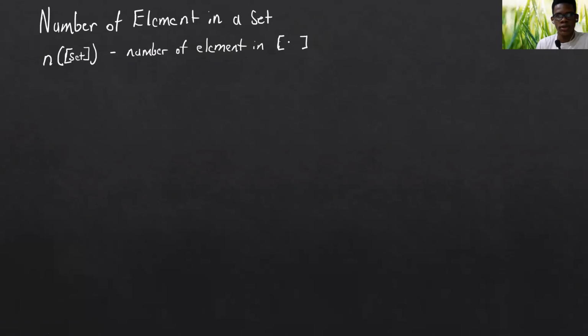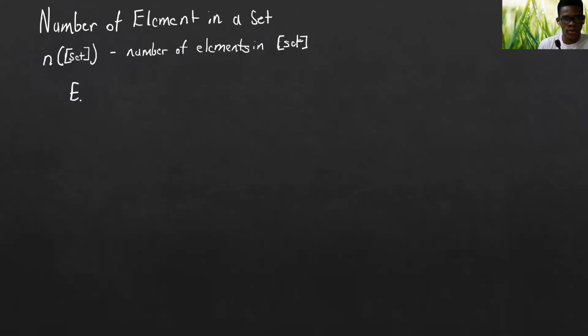Right, this is what we refer to as number of elements in the set. But so N open bracket, not necessarily set notation, the variable assigned to that set, right? The variable name of the set, whichever one you want to call it. It's the one that is in the bracket, where the N open bracket, the variable name of that set, you're referring to the number of elements in that set, right? This is the notation for that, right?